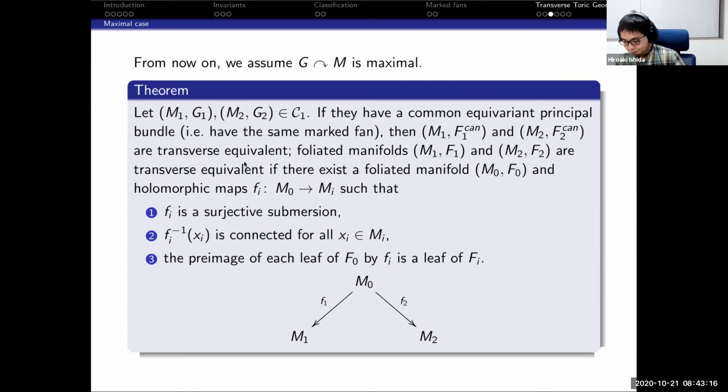Here, foliated manifolds are transversely equivalent if there exists another foliated manifold and holomorphic maps from M0 to Mi such that each map is a surjective submersion, the preimage of each point is connected, and the preimage of each leaf is again a leaf of the whole total space.